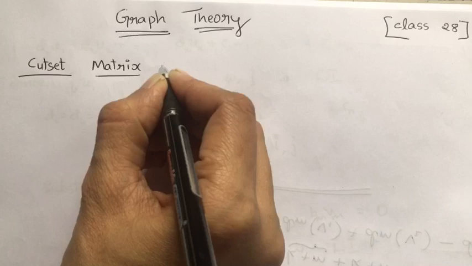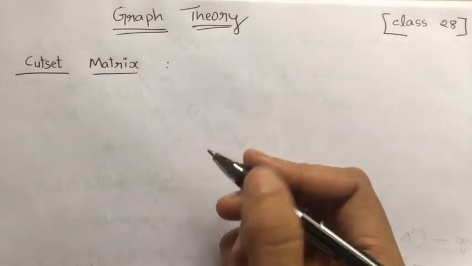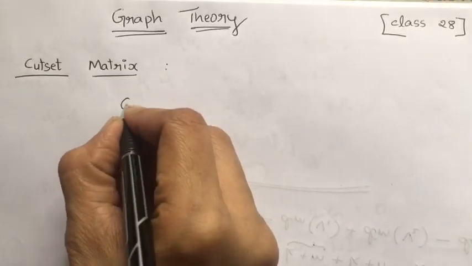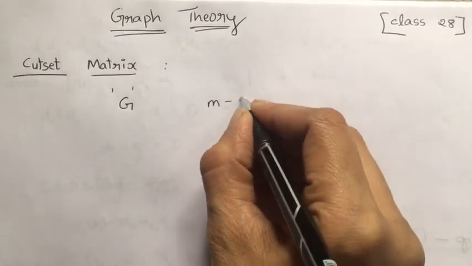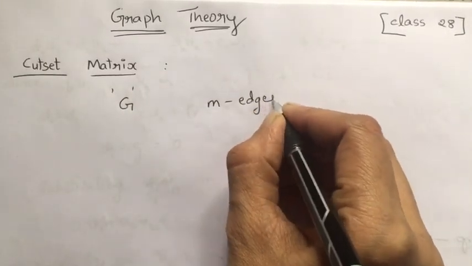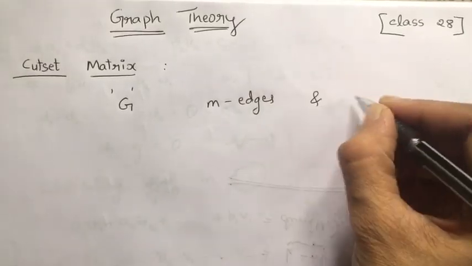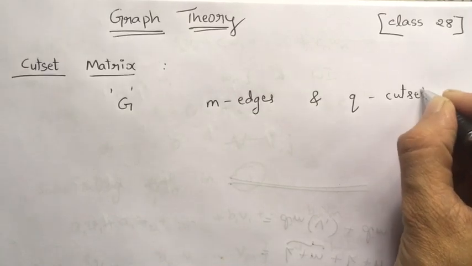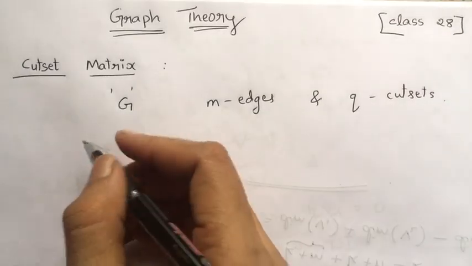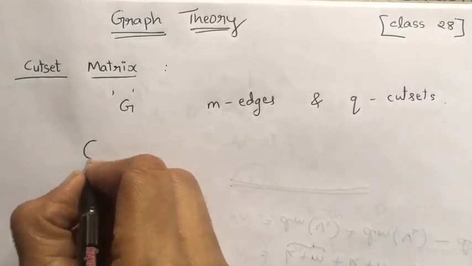If I have a graph G with m edges, and say q cutsets, then the cutset matrix is denoted as C.